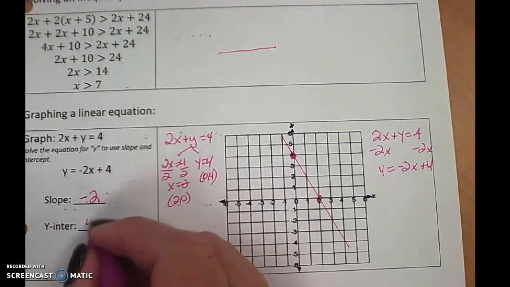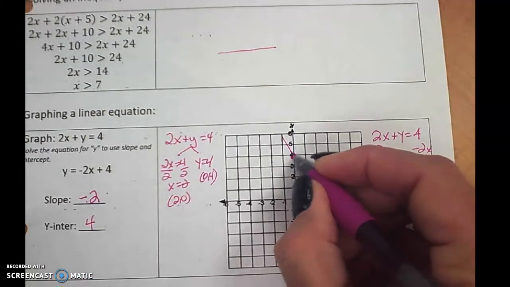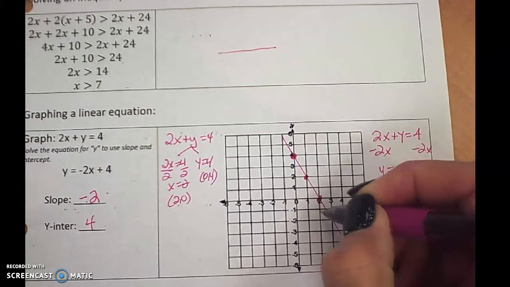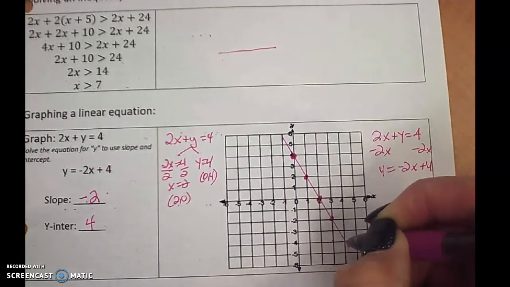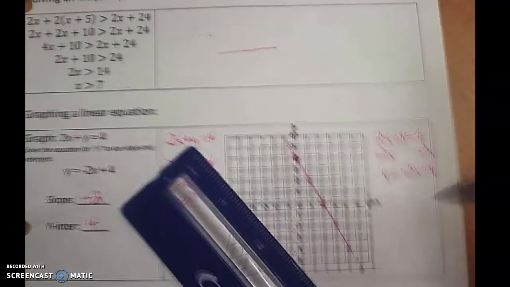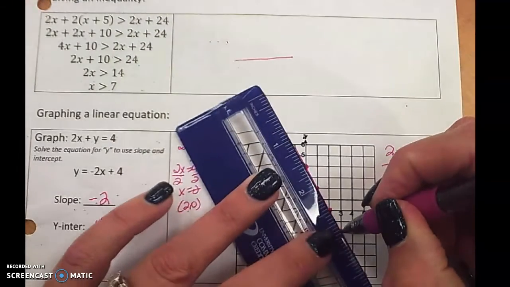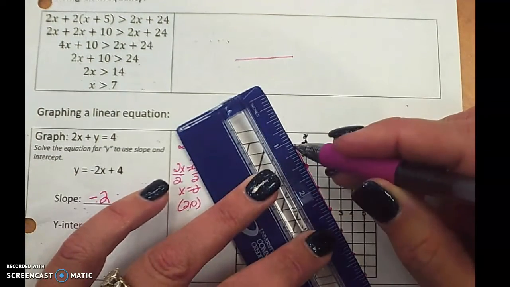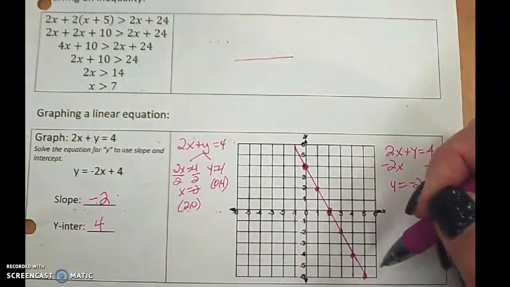The y-intercept is 4. So we would come down 2 over 1, down 2 over 1. The advantage of graphing with slope-intercept is that it gives you more points. So if you needed the y-intercept or some other points, using slope and y-intercept gives you more points.